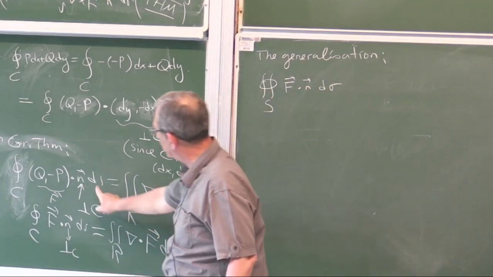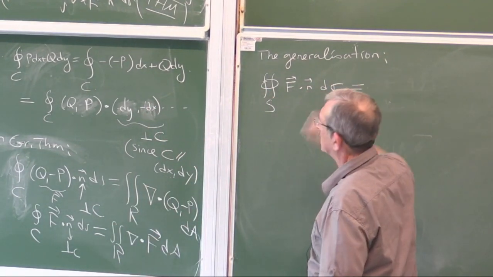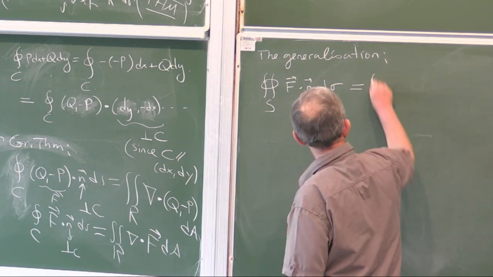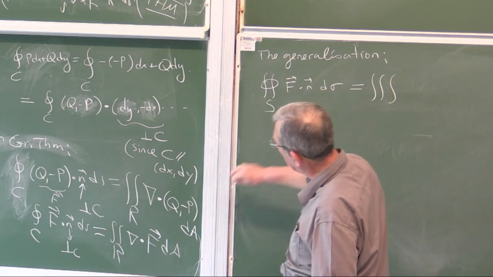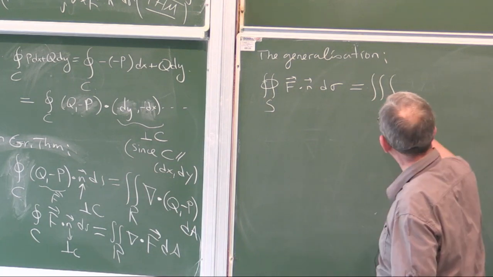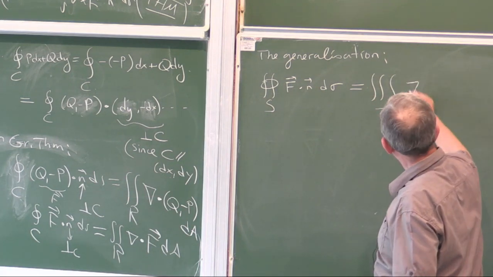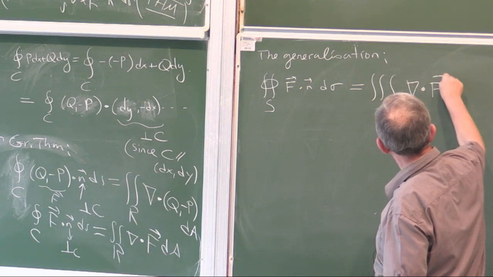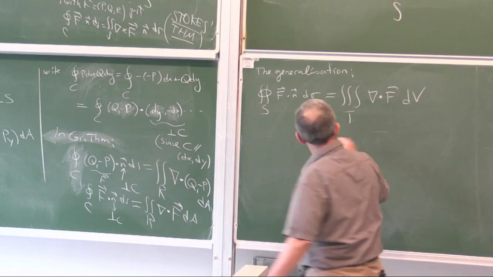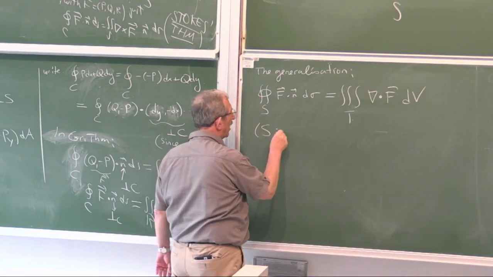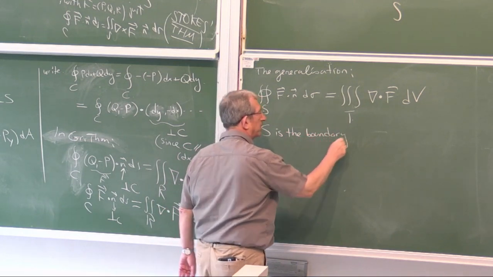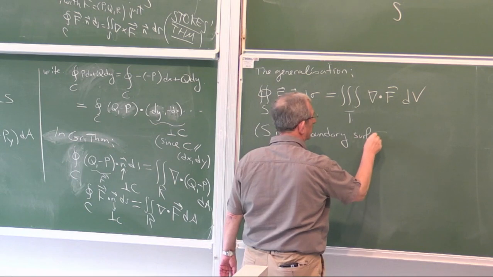Of course, this ds will become the sigma. We have a surface integral, and on the right side, we have a triple integral. This closed surface bounds T, and we have the divergence of it. Nothing else. Here, the important thing is that S is the boundary surface of T.